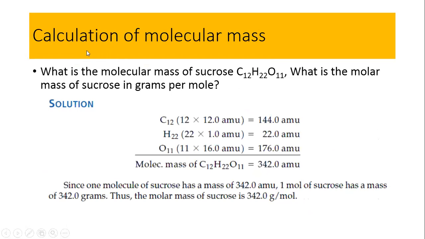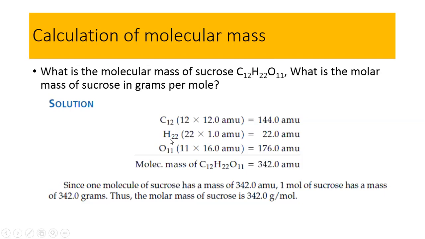Again, I'm going to show you the calculation of molecular mass. Here the sucrose molecule is given, having the formula C12H22O11. There are 12 carbon, and each carbon has an atomic mass unit of 12.